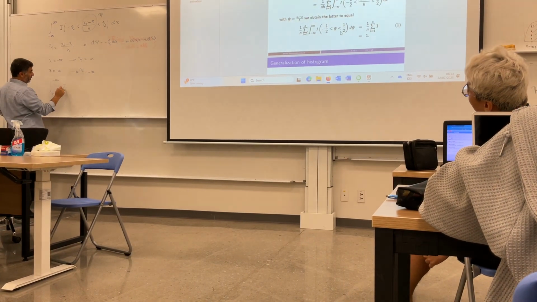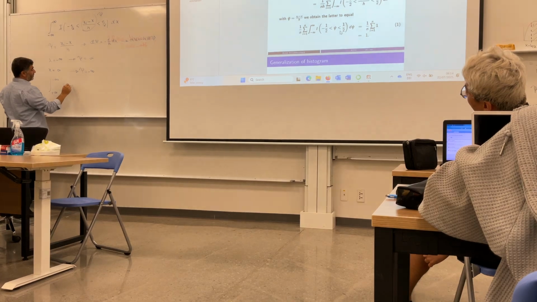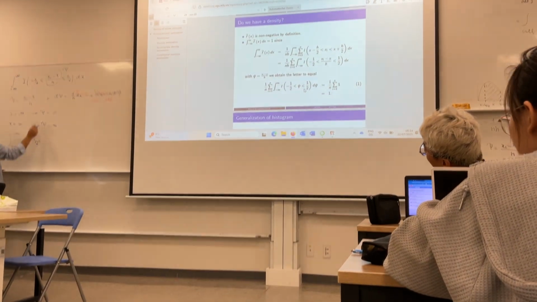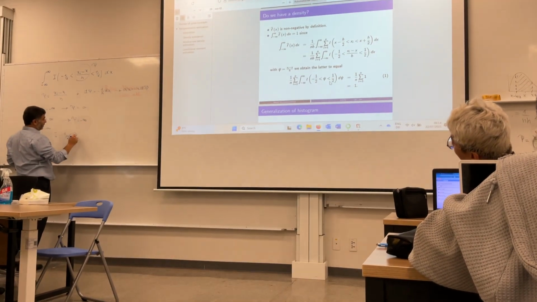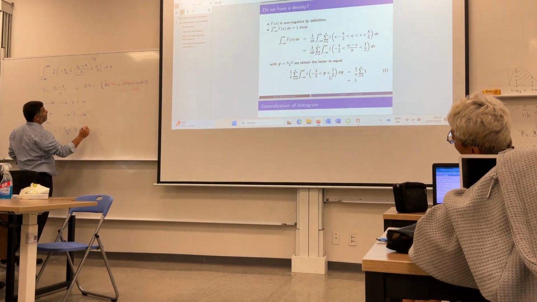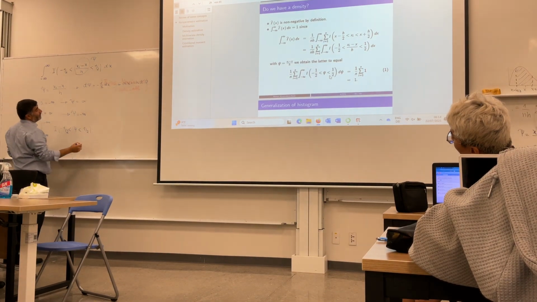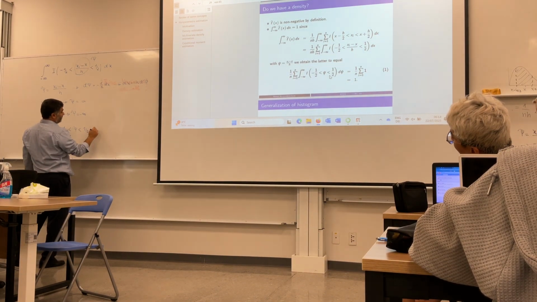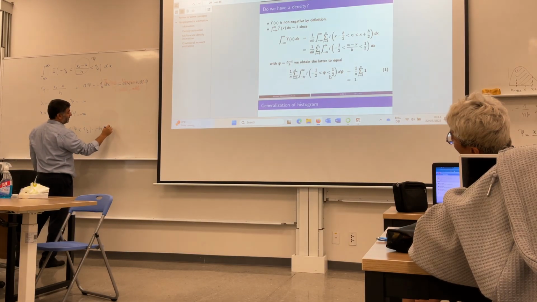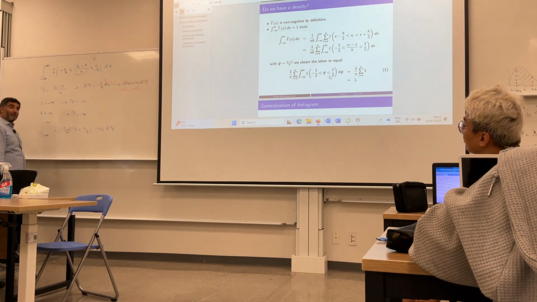Now comes the indicator as it is: I of minus 1/2 smaller than psi, smaller than 1/2. And then the dx became minus h d psi.